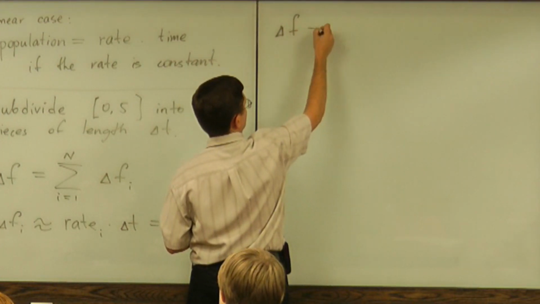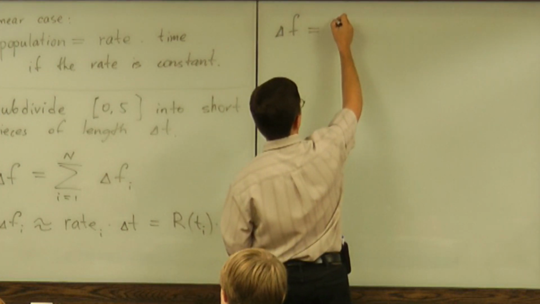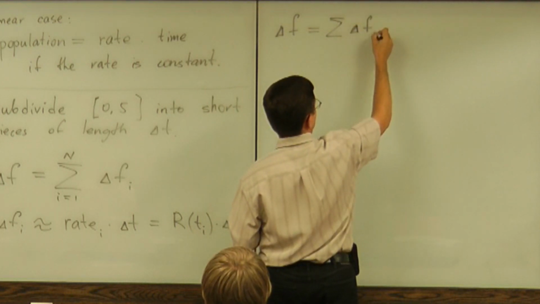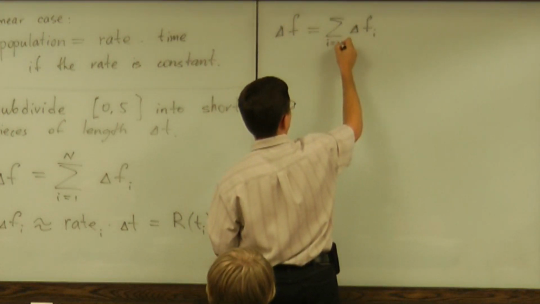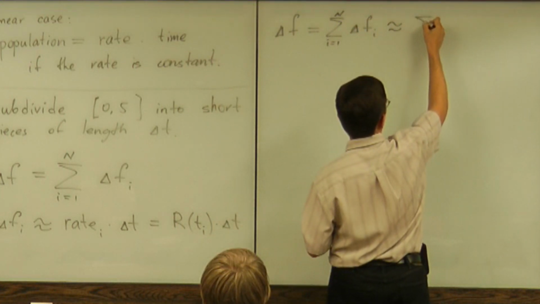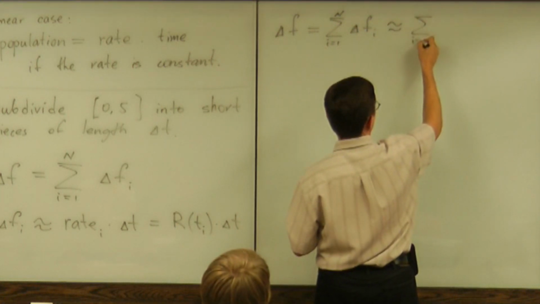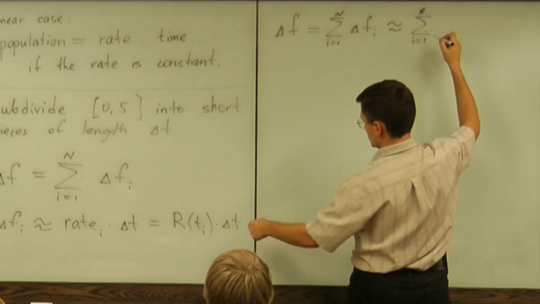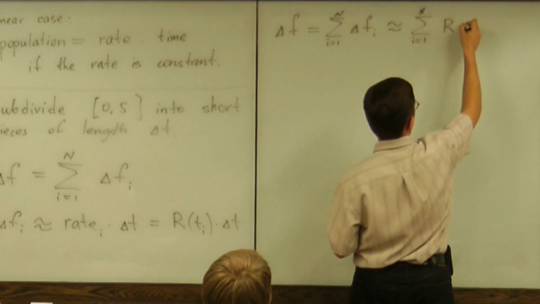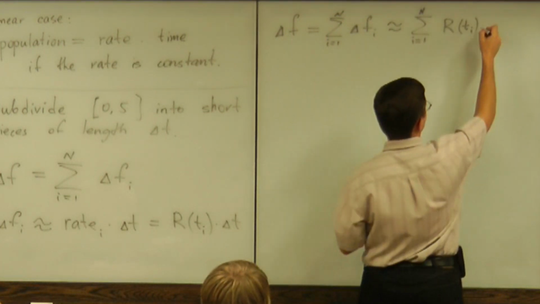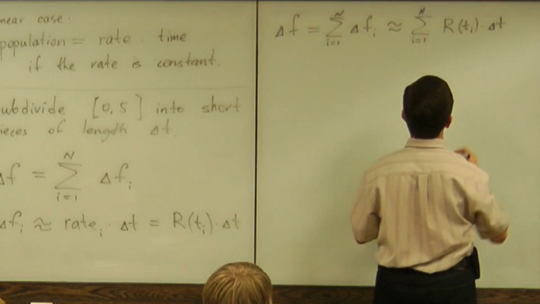So the total change of the population is again equal to the sum of those incremental changes, and that is approximately equal to rate over the ith interval times delta t.